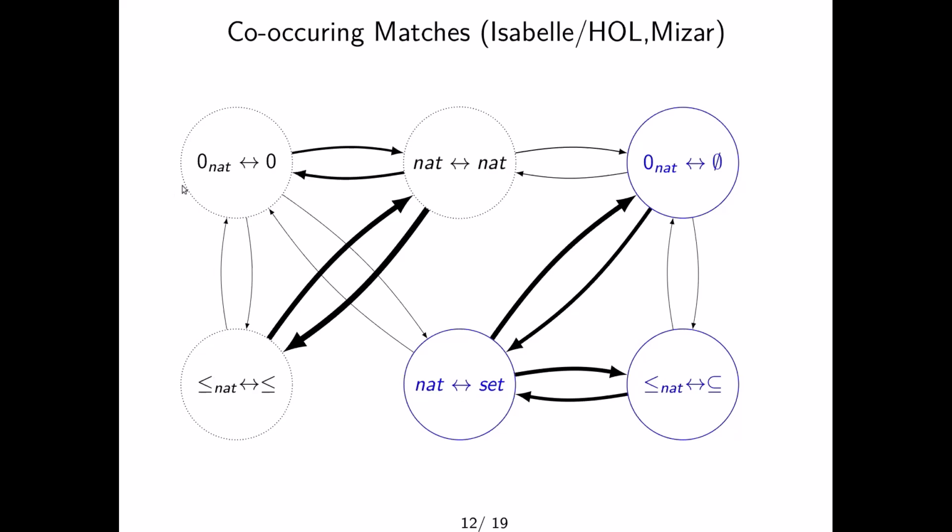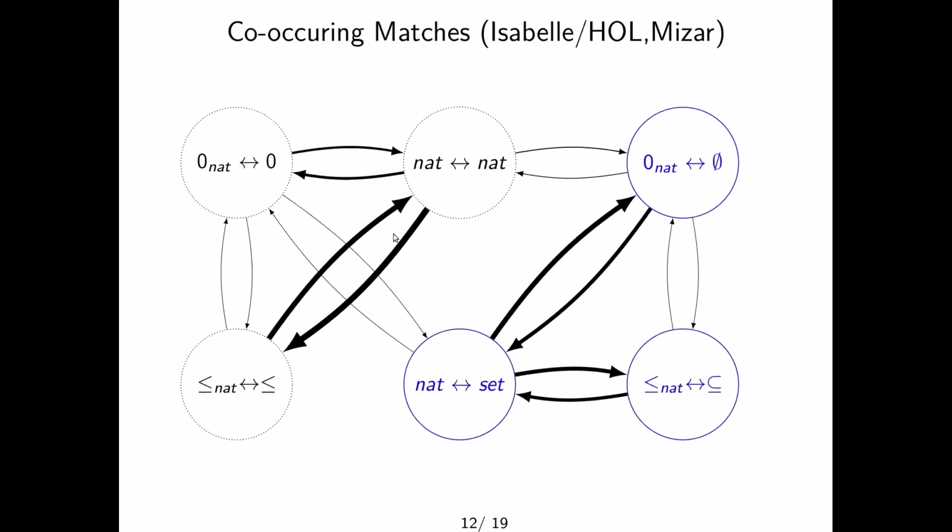But eventually, we want to find maybe the exact match. So we want to say, now I know that, let's say, less is similar to less in the other library, then that should influence my choice, and I should say that the natural numbers are similar to natural numbers, and then that would prevent me from choosing that the natural numbers are similar to sets.